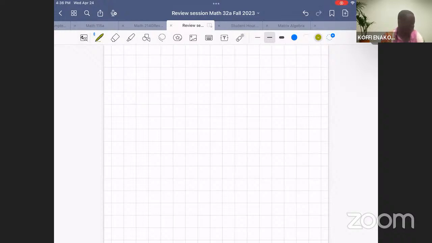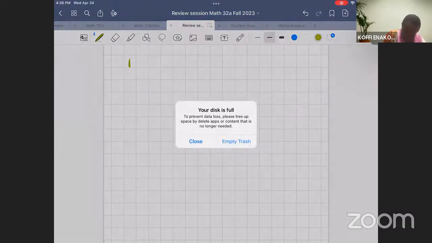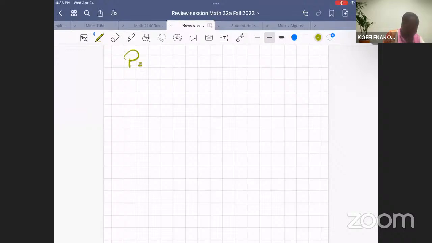Okay, so let's say we have the point P with components 2, 9, 1.